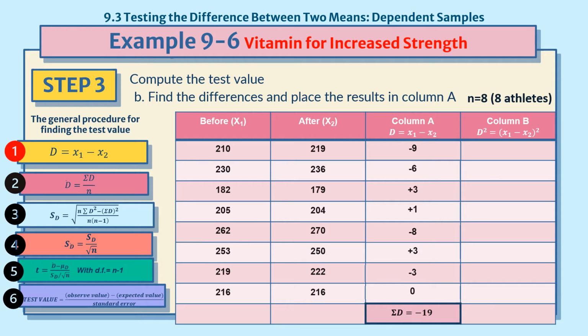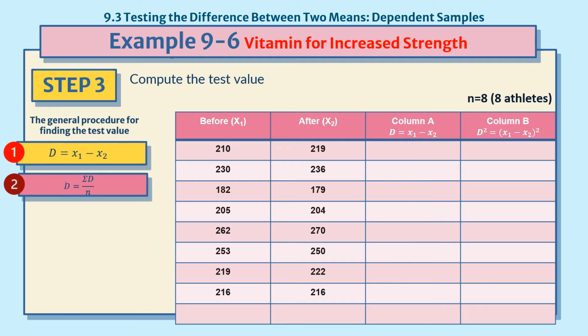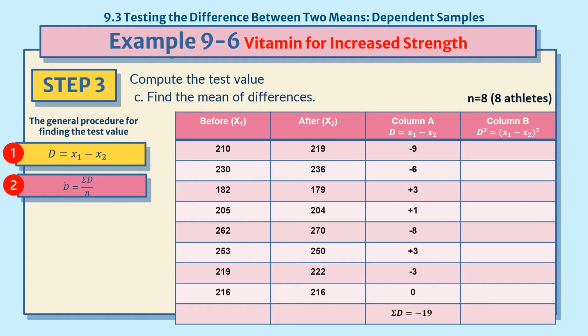And we add all the values in our column A, which is D equals x sub 1 minus x sub 2. So we have the summation of D equals negative 19. Then next, for step C, find the mean of the differences.